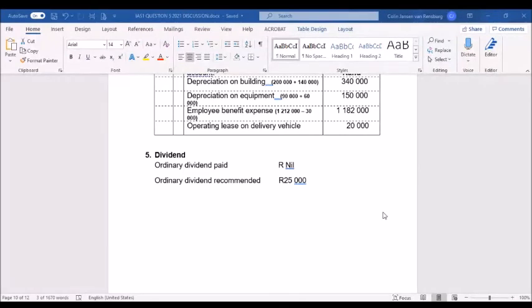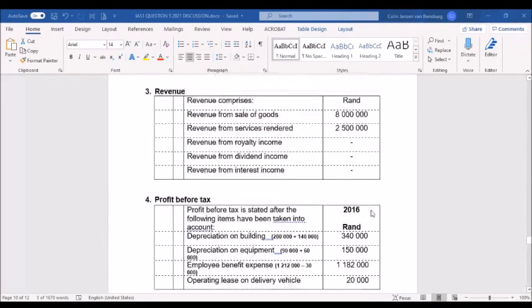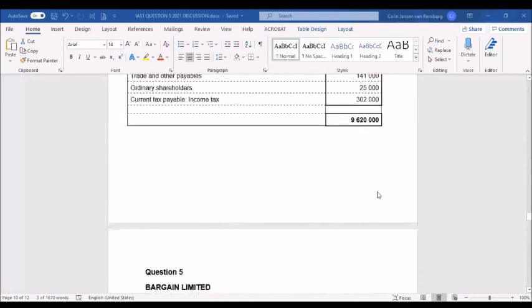So at that stage, when the recommendation is done, there is no present obligation to actually declare the dividend. So there is no amount owing to the shareholders, right? So where we have a situation that at the end of the year, an ordinary dividend was recommended but not declared yet, then it will mean we wouldn't have made this journal entry, right?